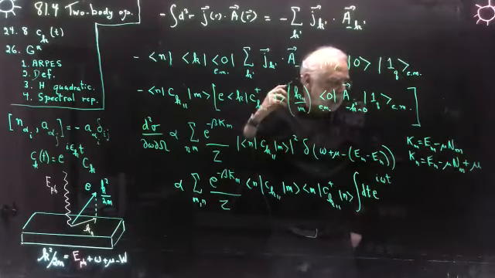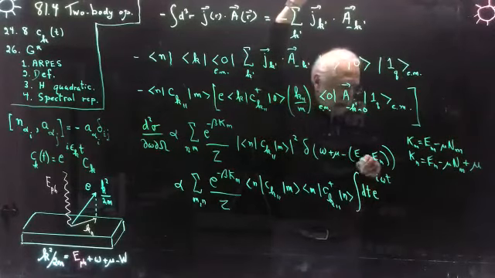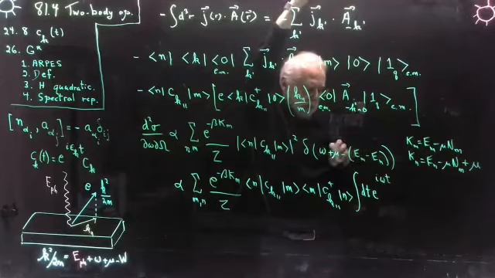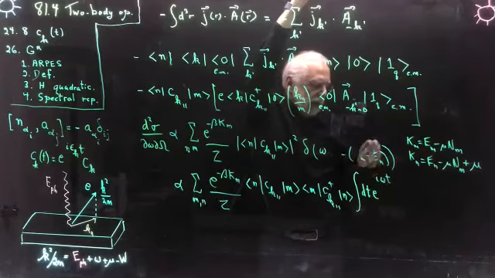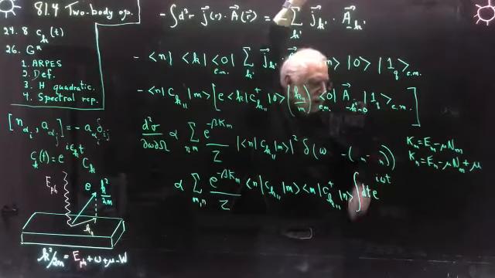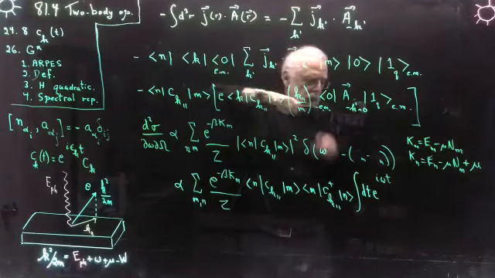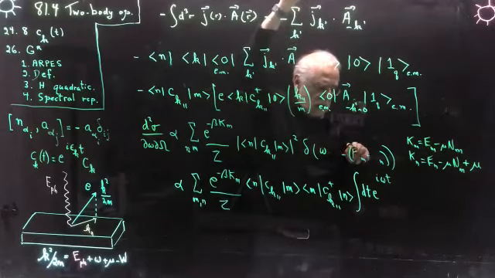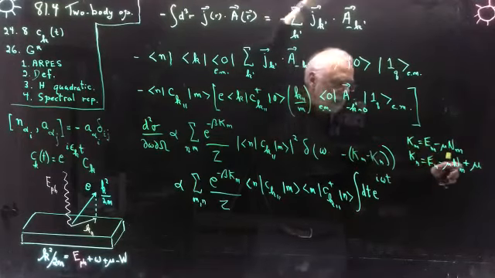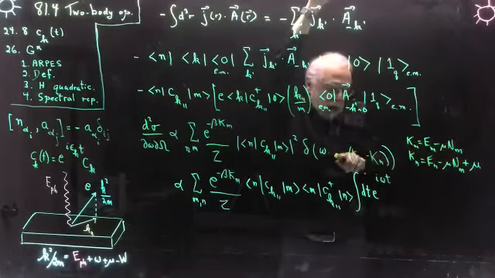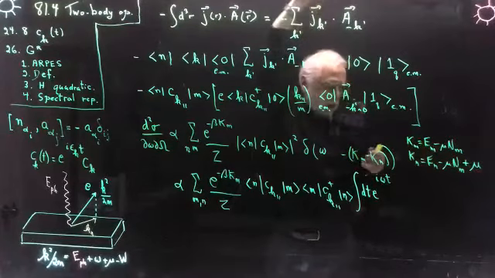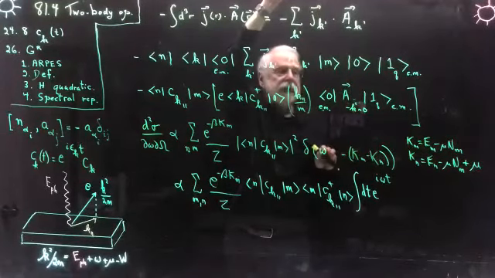Which means that I can remove the mu here and write this as K m minus K n. So I will have the difference in energy, and the minus with the plus will give me the mu that was here.